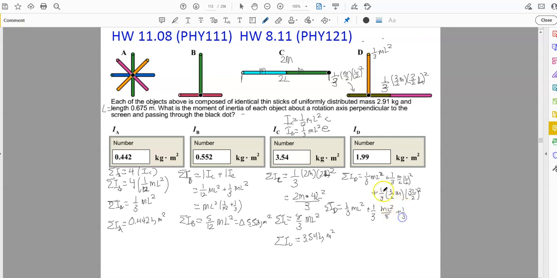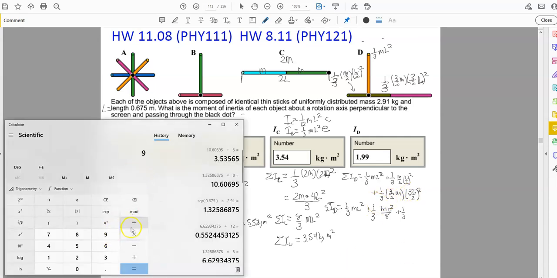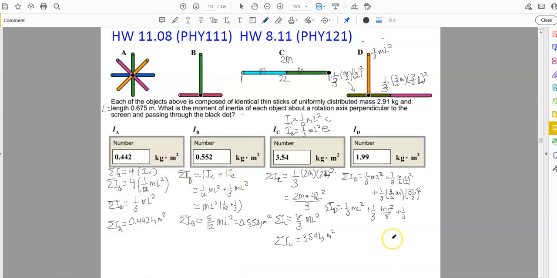This is going to be 1/3, and this is going to be 9L squared times 3. What's 9 times 3? What is that, 27? I should know that. Yeah, 27. I always doubt myself.